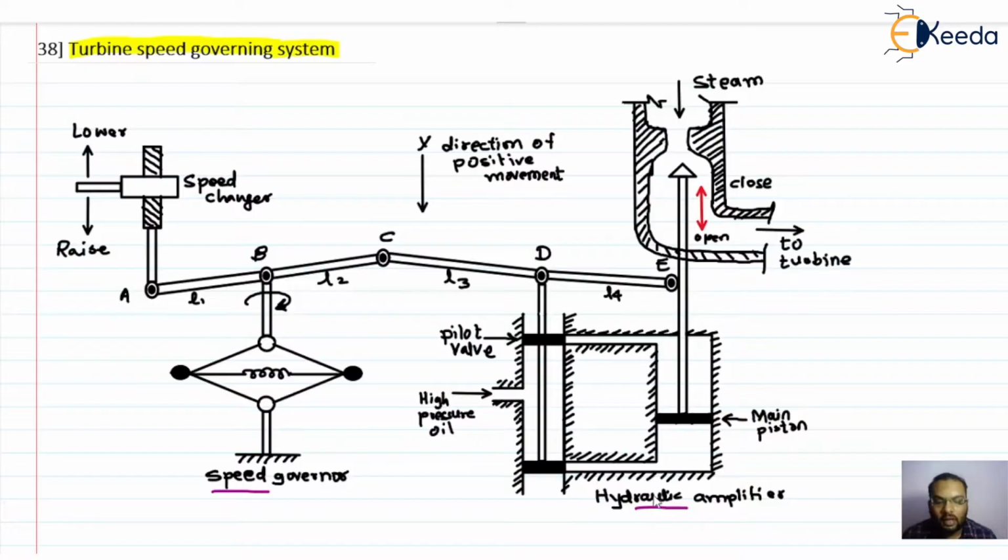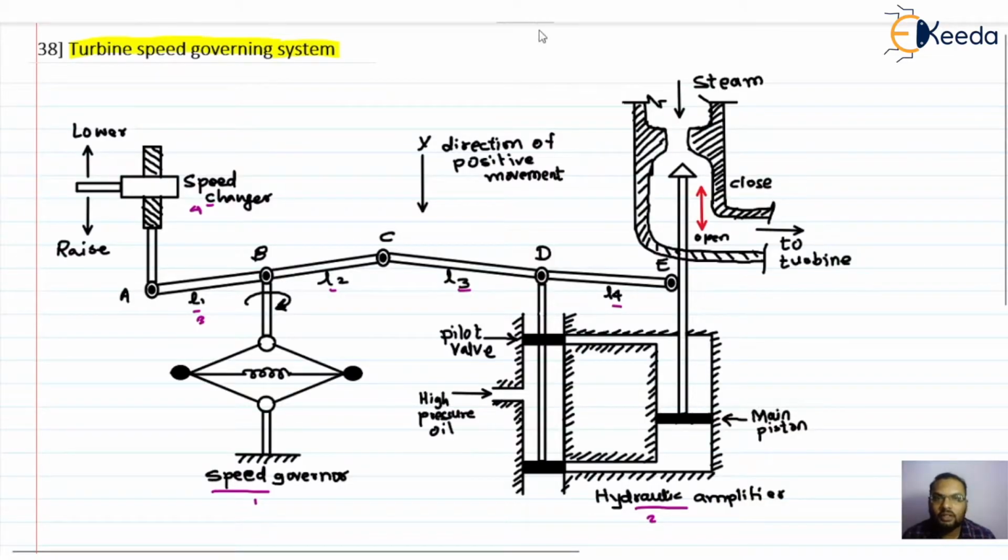After that we have the linkage mechanism L1, L2, L3, L4, and then we have the speed changer. So totally 4 various parts are there in this turbine speed governing system. We'll see the working of each and every part one by one.